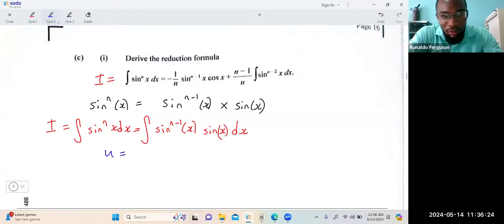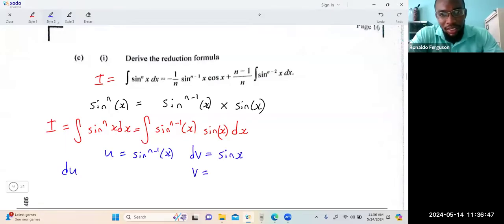I mean, u is going to be the one that you can differentiate in any circumstance, and the one that you're going to call dv is the one that you can integrate. Now, looking at it, you can differentiate sine to the n minus 1x quite easily, and you can integrate sine x quite easily.